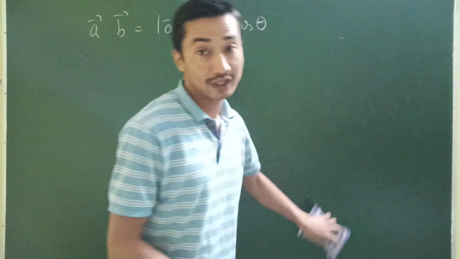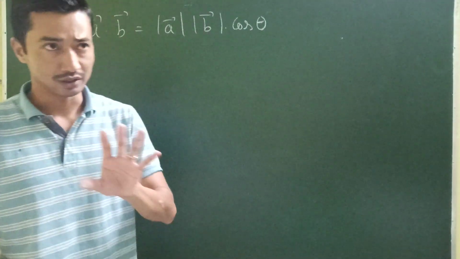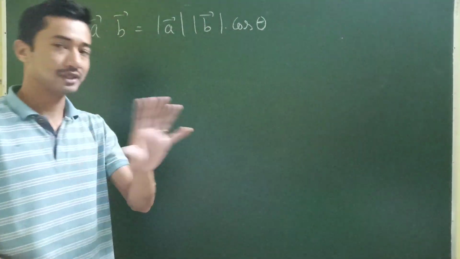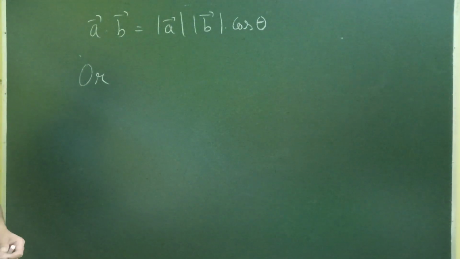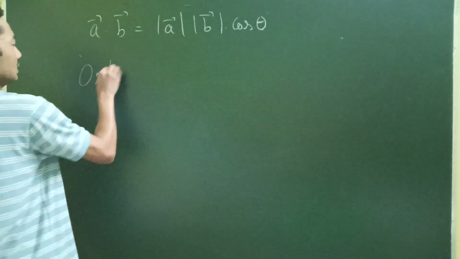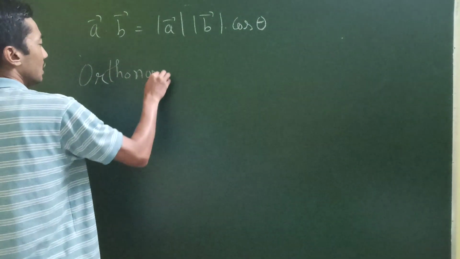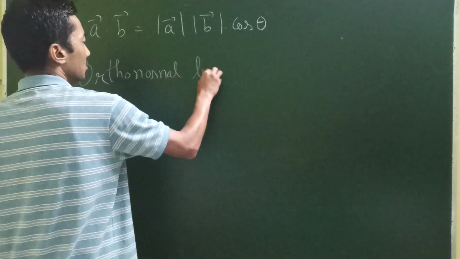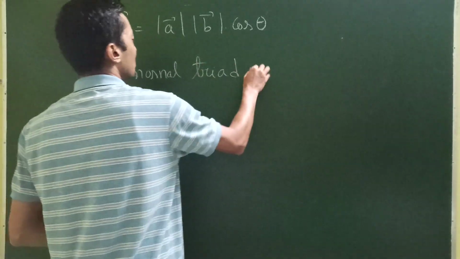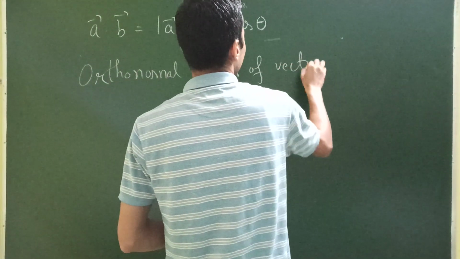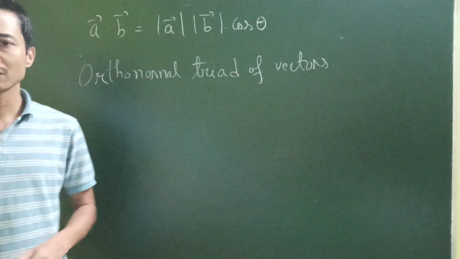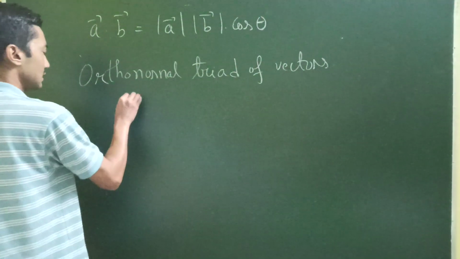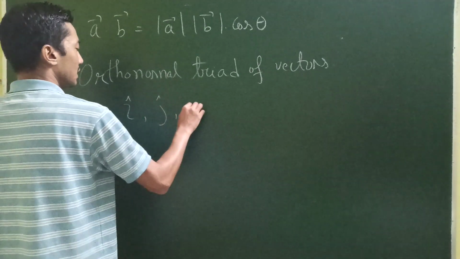Now, another very, very important topic for scalar dot product is the orthonormal triad of vectors. Now we know i cap, j cap, k cap.